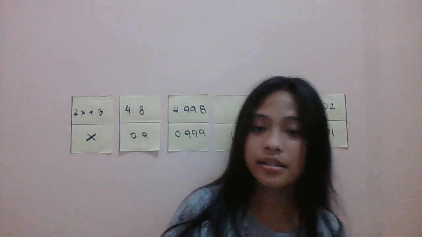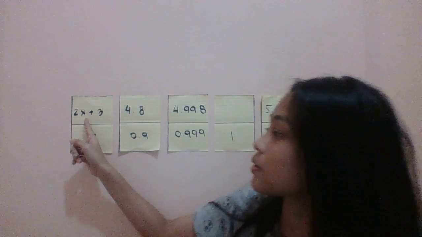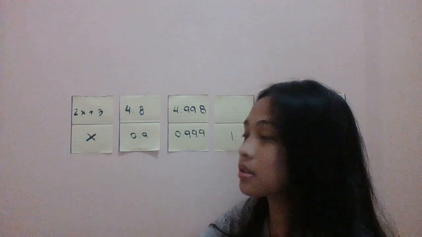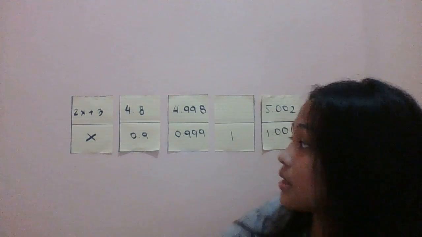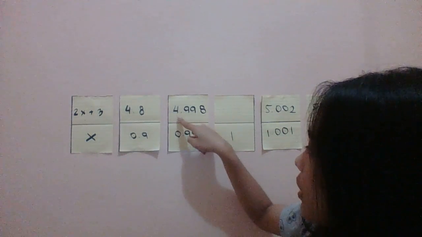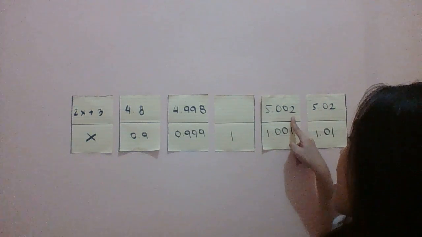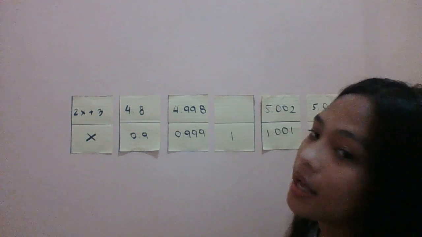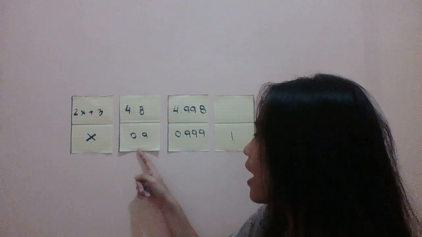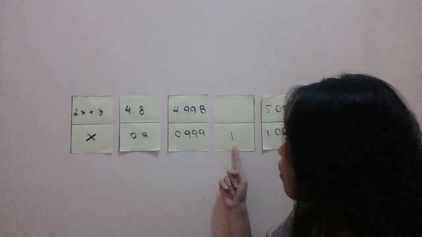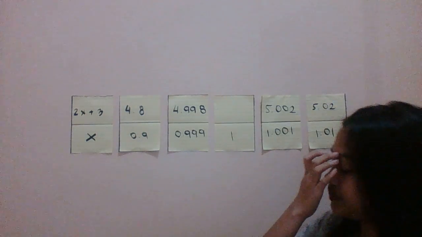This is the table of place values: 2x plus 3 and x. 2x plus 3 is in the first row, which contains 4.8, 4.998, the unknown, 5.002, and 5.02. Next, the second row, x, contains 0.9, 0.999, 1, 1.001, and 1.01.